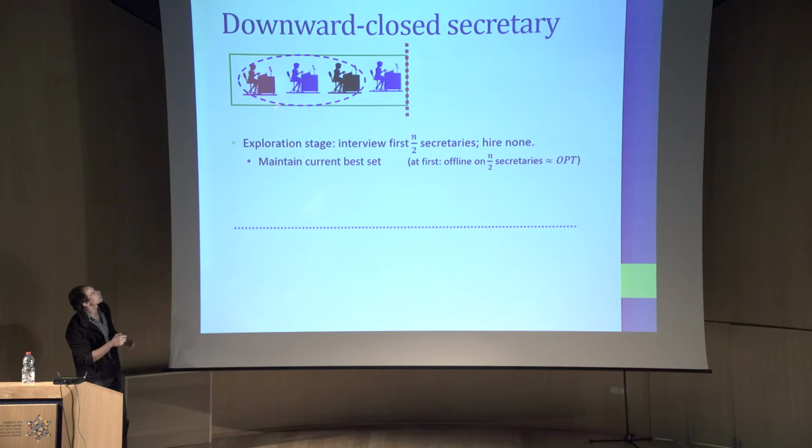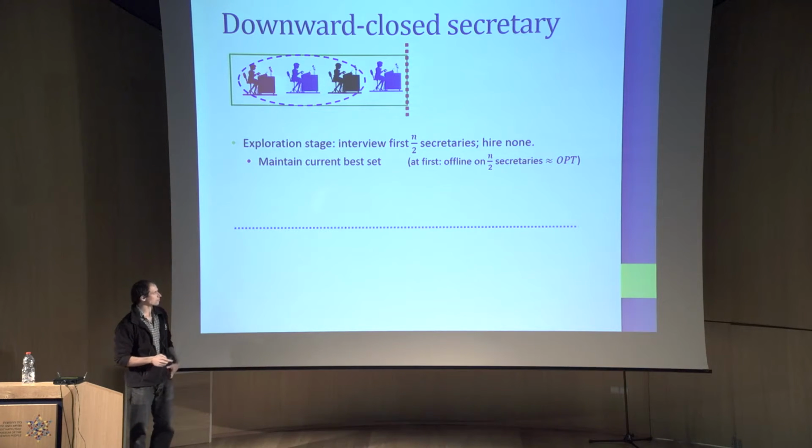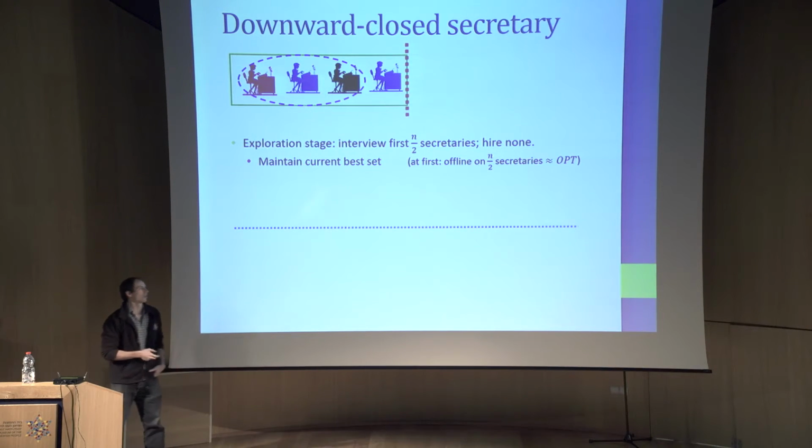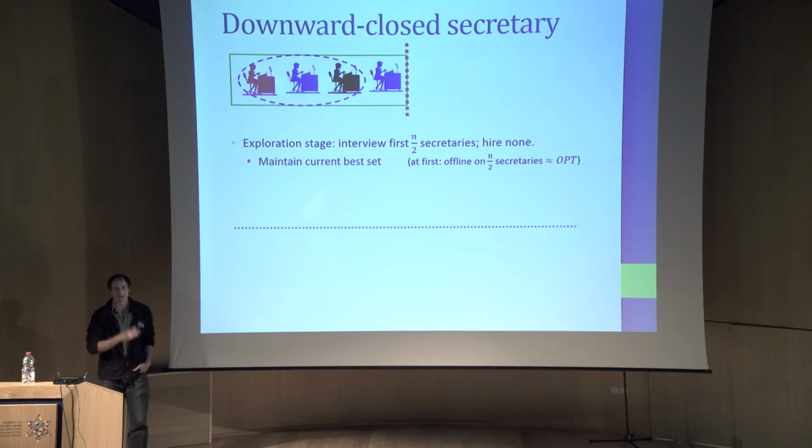The pink, blue, and black secretaries are the best that you could have done in hindsight out of these first n/2 secretaries, but you did not hire any of them. And this is, in expectation, as good as half of the total offline optimum.